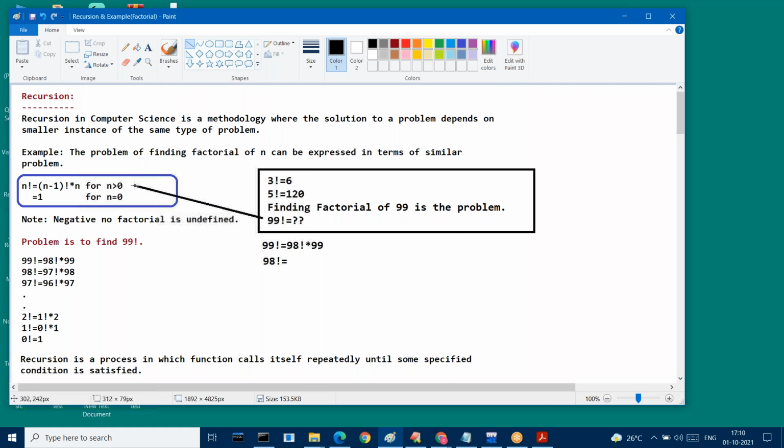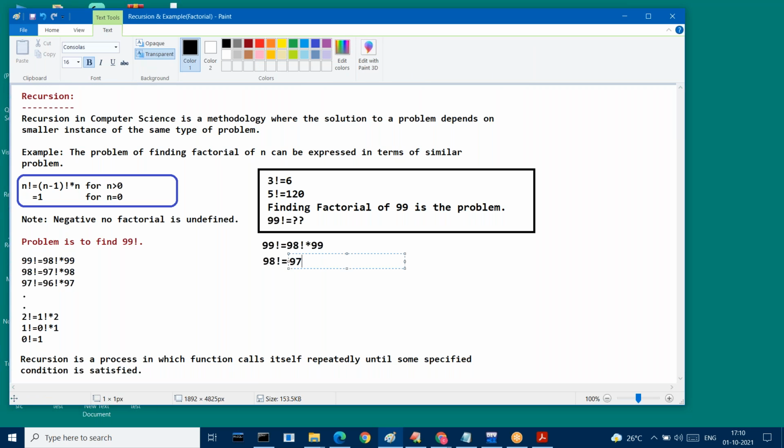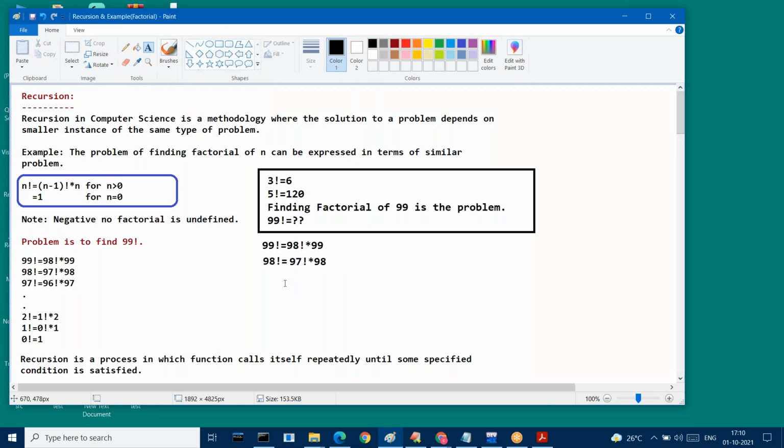But what is that 98 factorial, sir? Again you are approaching here. Is it 0? No. Greater than 0? Yes. What will I do? You will say it is 97 factorial into 98. So if anyone provides you 97 factorial, multiplication is not a big issue.